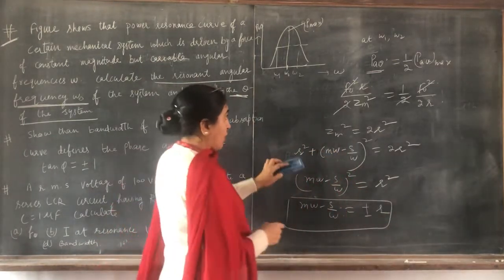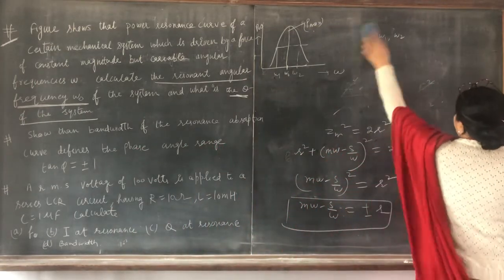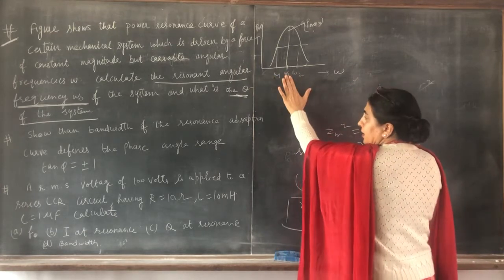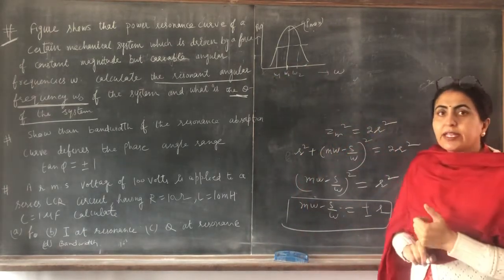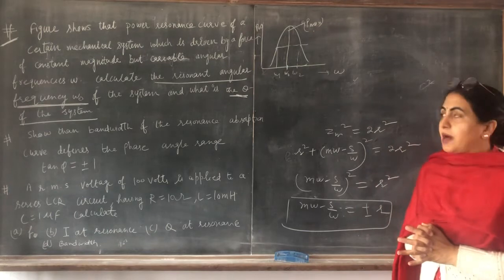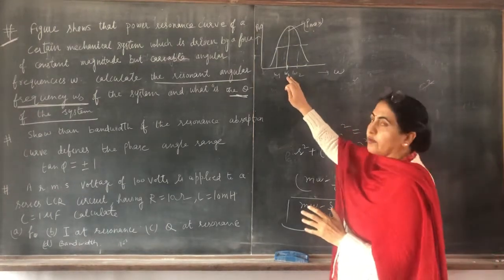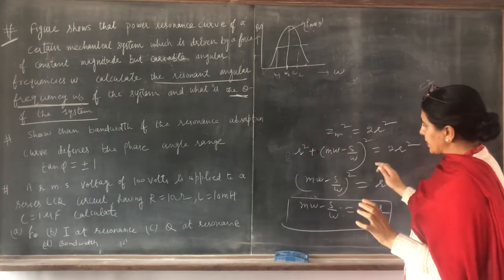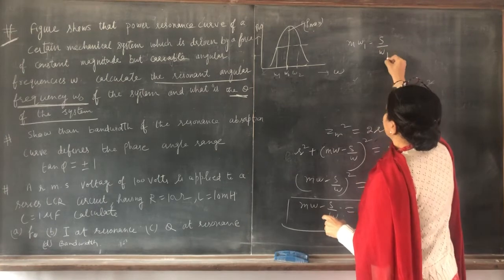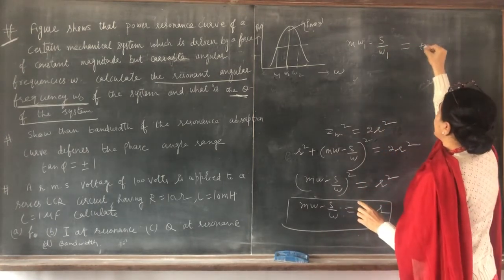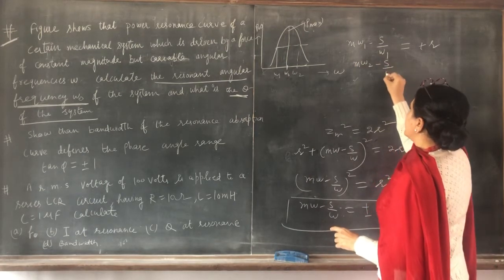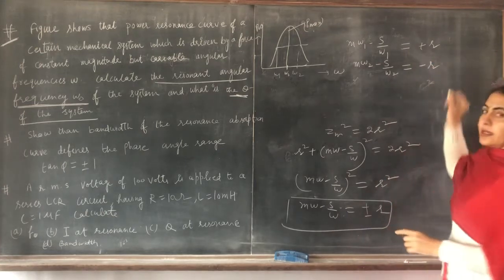Now from this we can say that if omega 1 and omega 2 are the two frequencies on either side of omega naught in a resonance absorption curve, where the power becomes half the maximum average power, then we can write M omega 1 minus S over omega 1 is equal to plus R. For the other frequency, omega 2, it will become minus R. Clear to all?